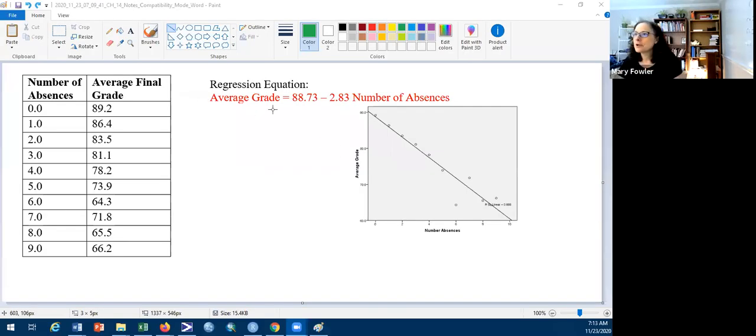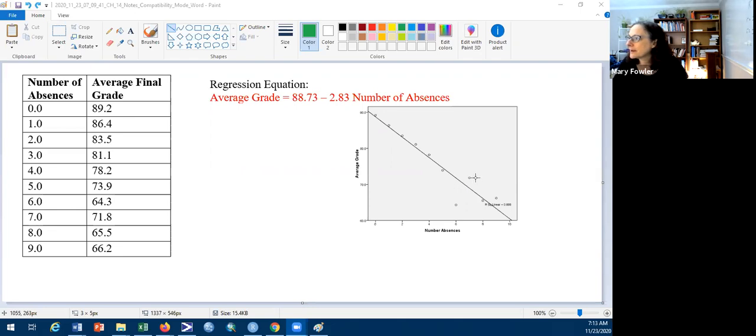I am in Paint here, and I copied over this problem that we had in the chapter 14 notes about number of absences and average final grade. I want to bring your attention to this point here where the average number of absences is 7 and the average final grade is 71.8. So I'm going to come on over here and find this point.